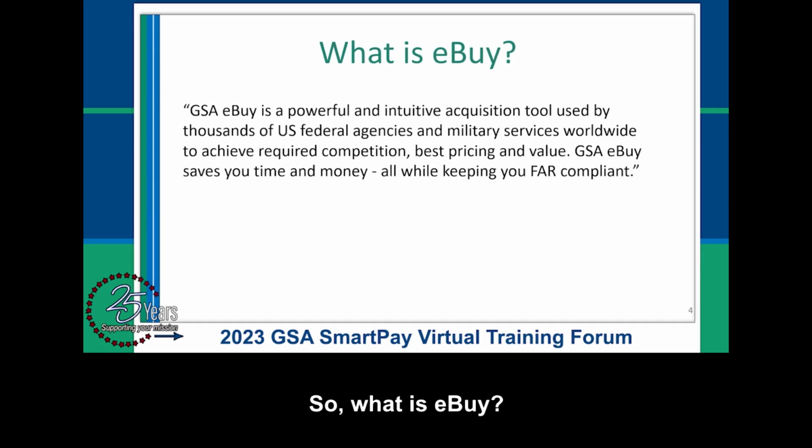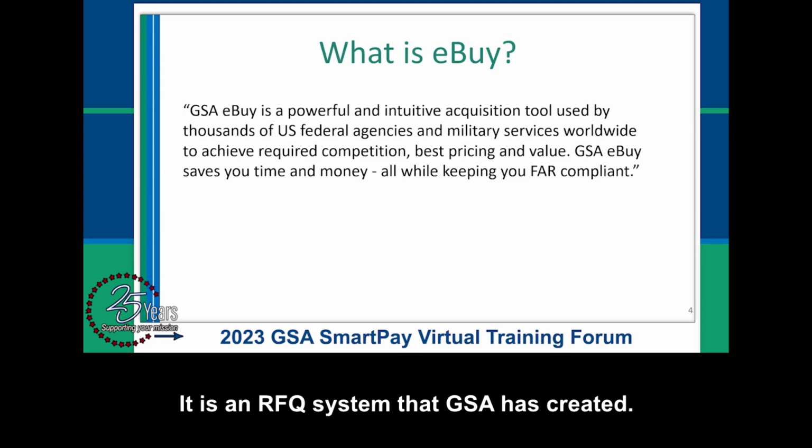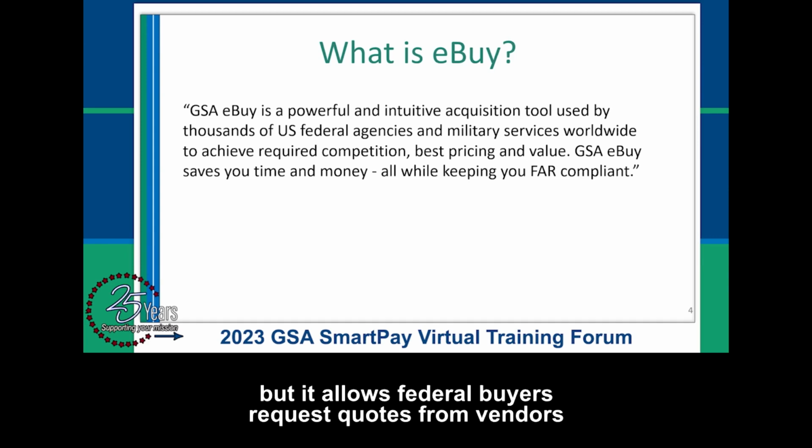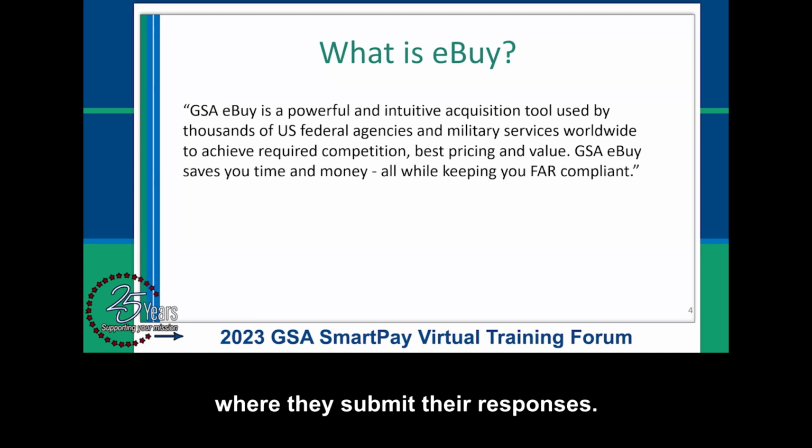So what is eBuy? It is an RFQ system that GSA has created. It's been around since 2001, but it allows federal buyers to request quotes from vendors, where they submit their responses. It's used by thousands of federal agencies and military users worldwide.